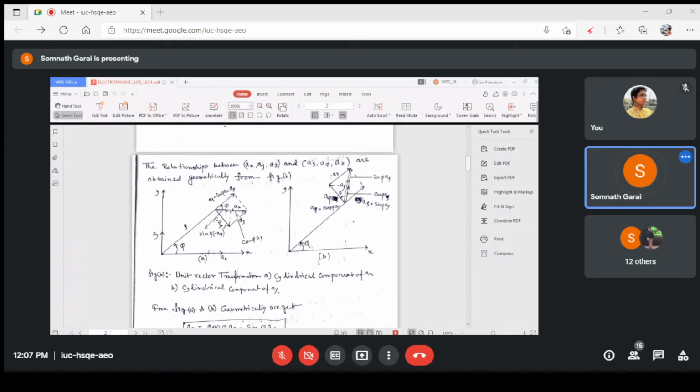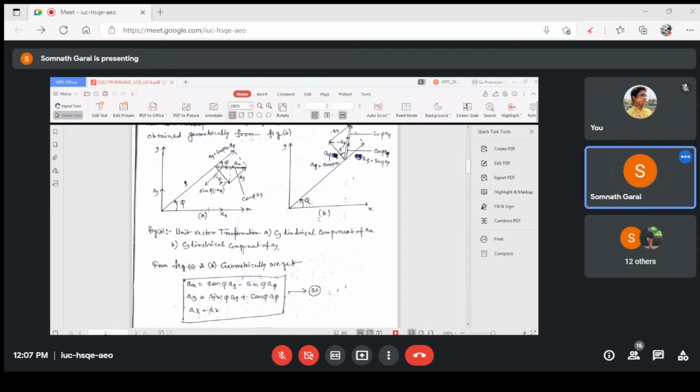So a rho is equal to cos phi ax from this, and sin phi ay from this. Okay, got my point? It is simple: the equality of the vectors according to the direction.